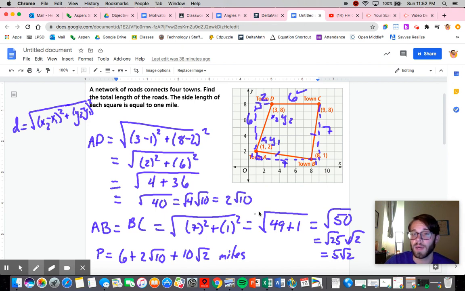And just as a quick heads up, if you don't fully believe me that AB is equal to BC, or that I can just immediately skip the steps with the difference from the counting here, then verify it and let me know if you have any questions about that.